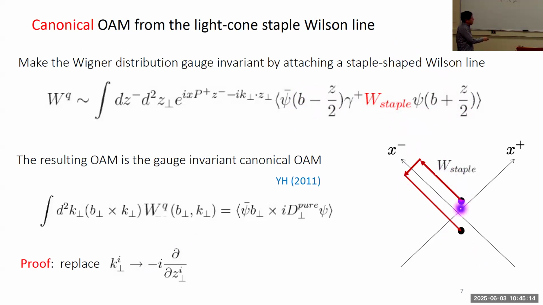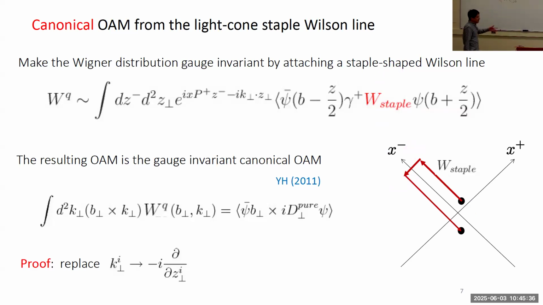I start from this point, go in the minus direction along the light cone to infinity, and then come back. So there is a transverse Wilson line here, and then there is a light-like Wilson line. This is what I call the staple Wilson lines.